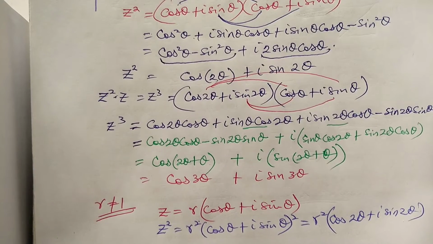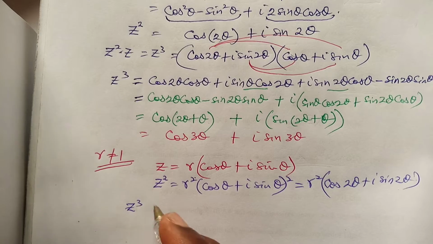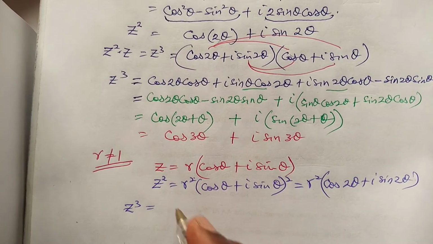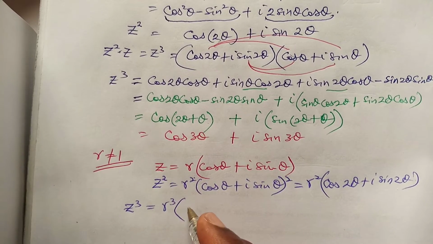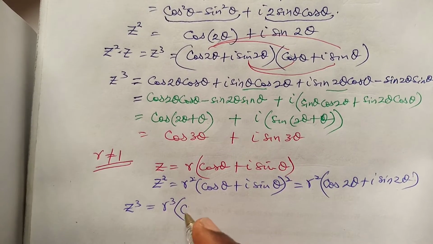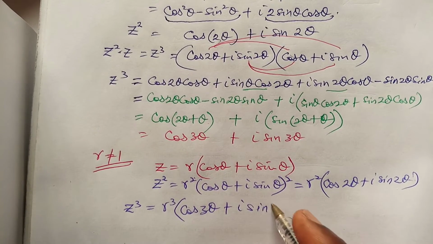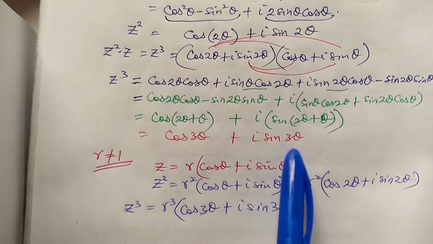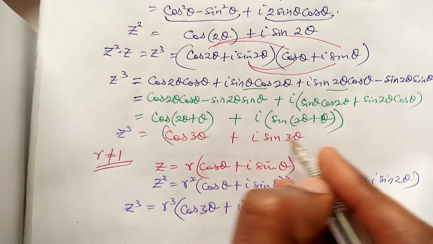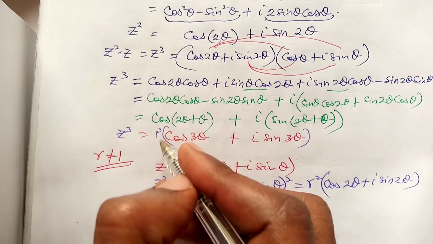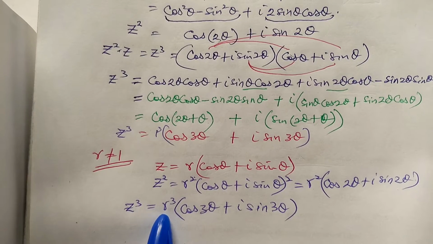Then z cubed, following the same pattern, will be r cubed times cos 3 theta plus i sine 3 theta, because we have done it to get z cubed when r is 1. Here r is not 1, so it's r cubed.